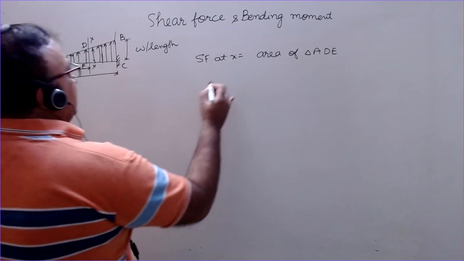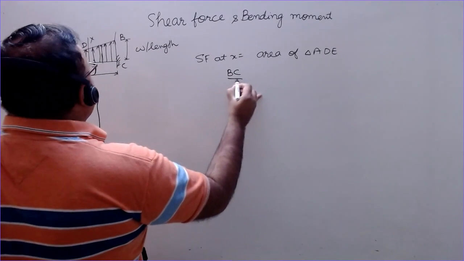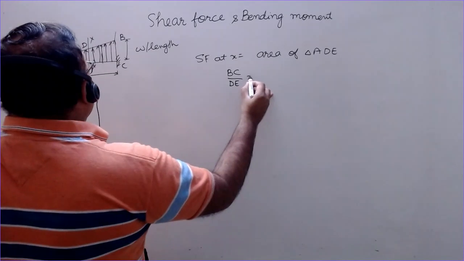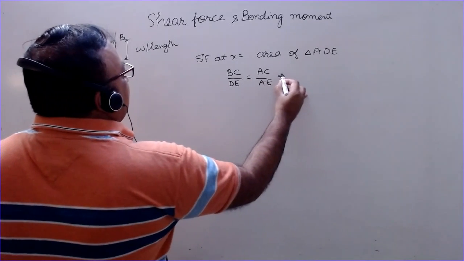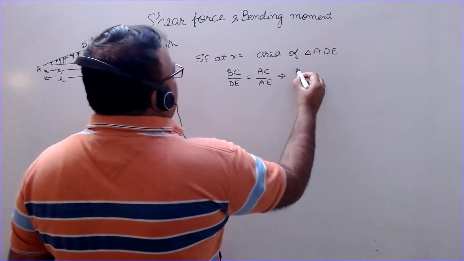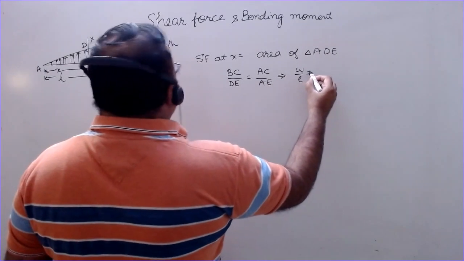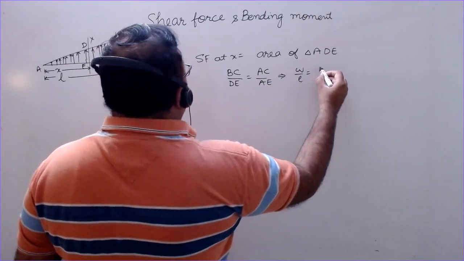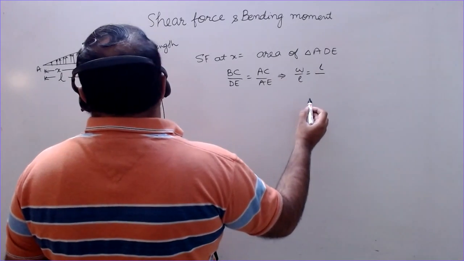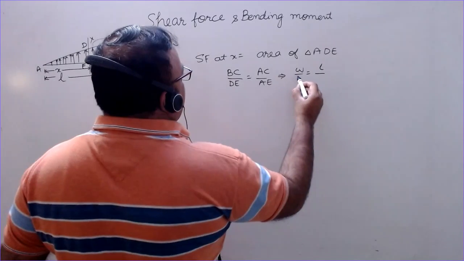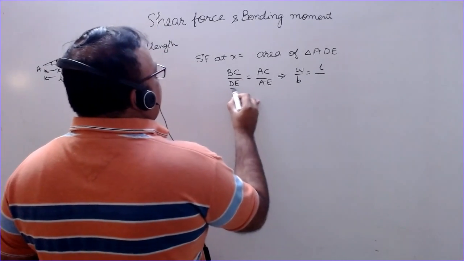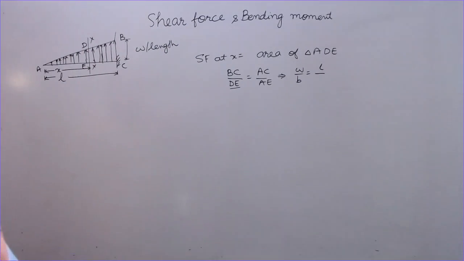So I can write that BC divided by DE is equal to AC divided by AE. So this gives us W by B, sorry, DE is taken as B per unit length.